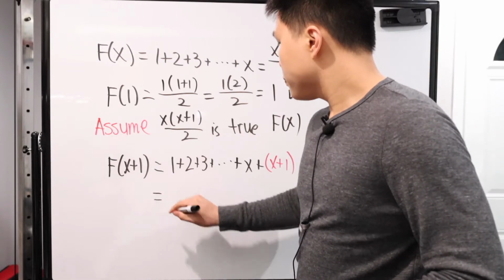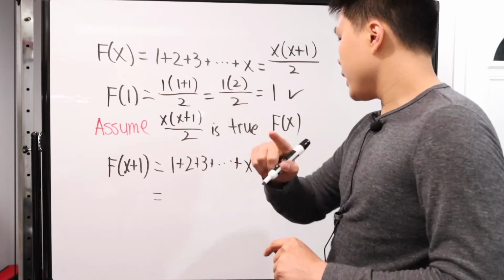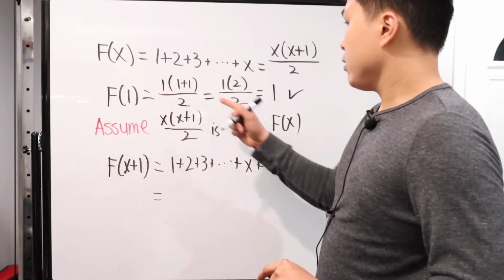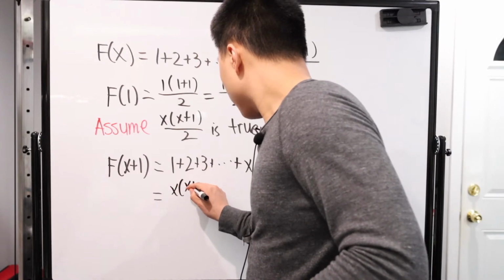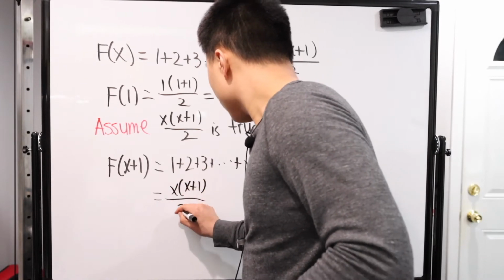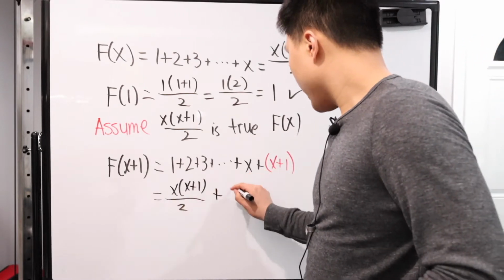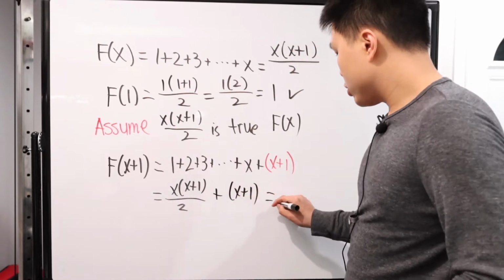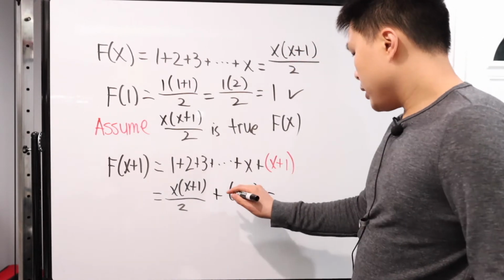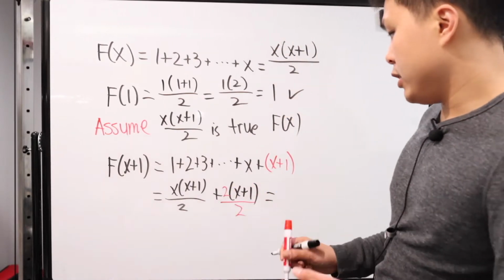Well, we know, based on the assumption that 1 plus 2 plus 3, blah, blah, blah, plus x is just this guy, right? So we're going to have x times x plus 1 over 2. Okay? Plus, now we have our x plus 1, this extra one right here. And of course, using our lovely math skills, basically we're going to do 2 over here and the bottom 2 over here to have them have a common denominator.